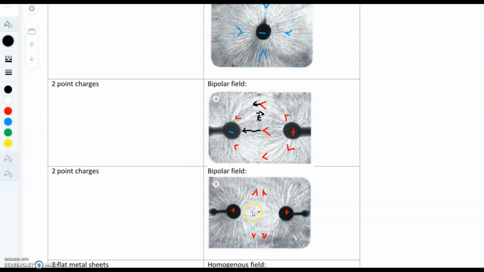But it will be a very small field around here, which makes sense because this charge is making a field vector towards this side, and this charge is making one towards this side. If you add those two up, you're not left with a lot because they have an opposite sense, meaning the electric field here is fairly weak, but it gets stronger as you get towards either of both charges.